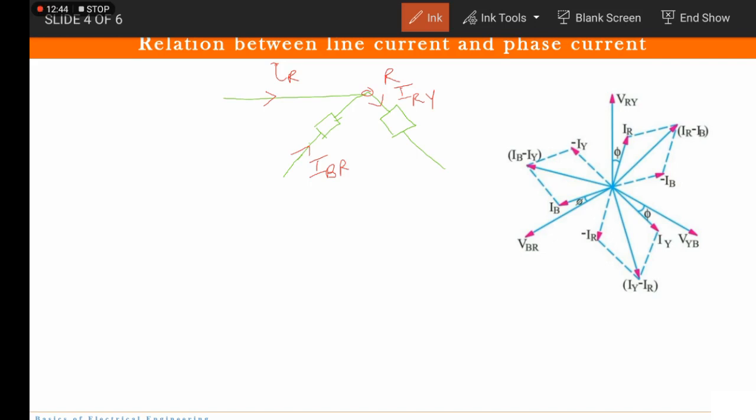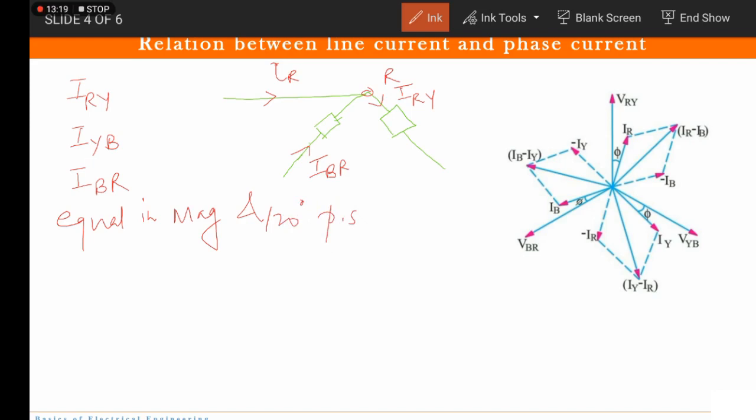Now try to understand that the load is balanced, right? So all phase currents. What is the phase current here? The phase currents are IRY, IYB and IBR. They are equal in magnitude and have 120 degree phase shift.